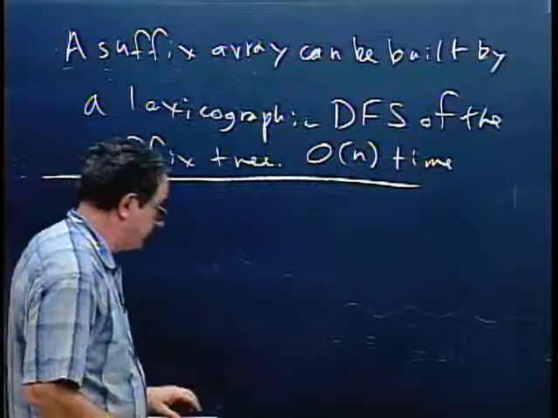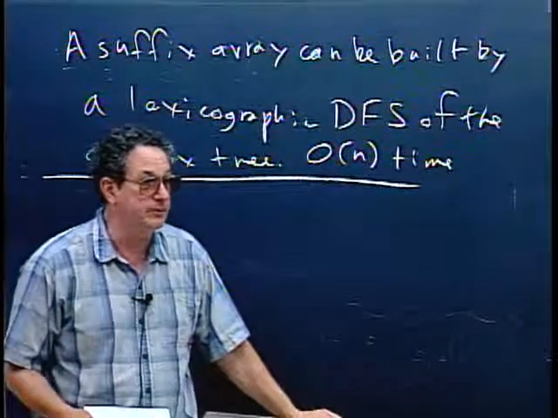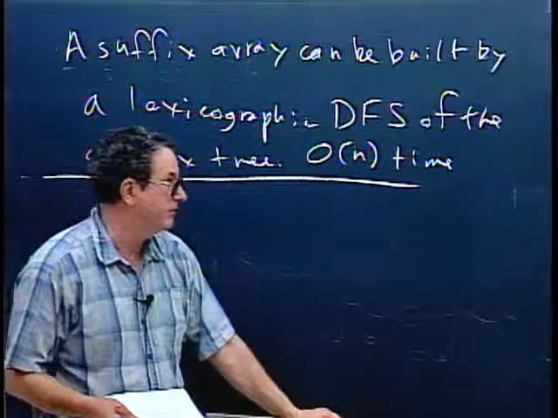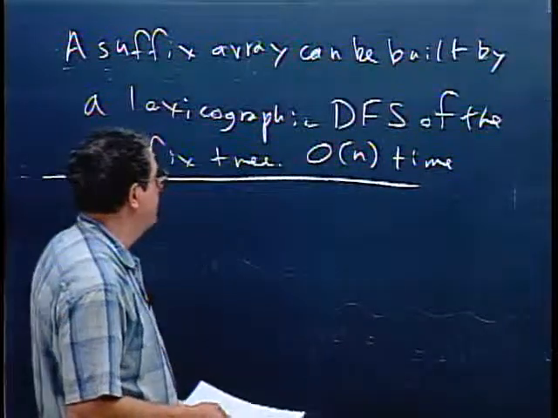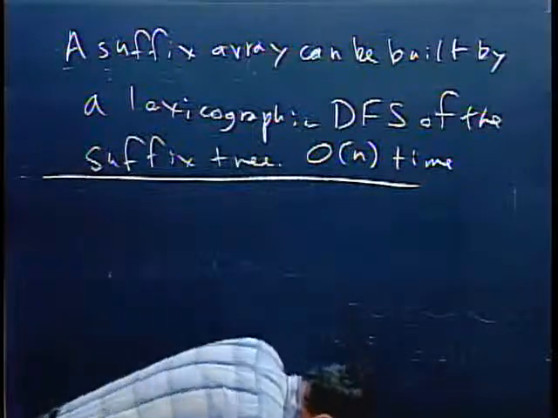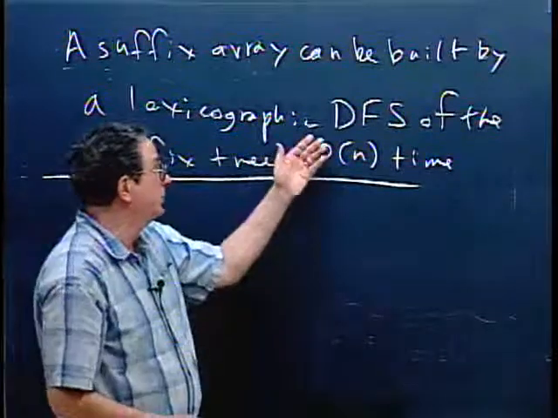However, suffix trees in practice are actually fairly memory intensive, and they're complex to program and to build and conceptually difficult. So it was an open question for a long time whether you could build a suffix array in linear time without going through a suffix tree.